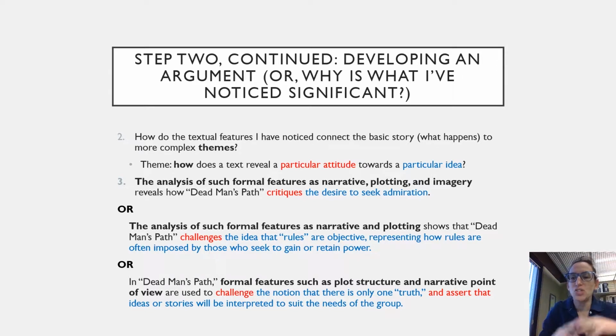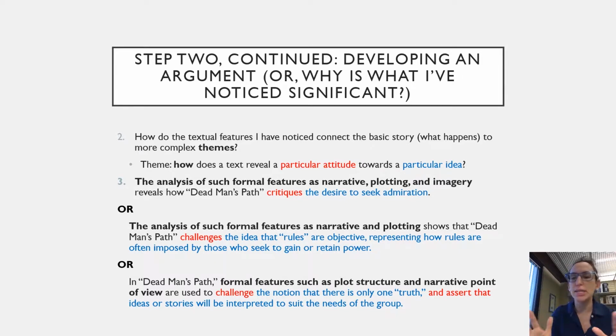Okay, so now we have our data set, right? Now we have a whole bunch of stuff that we've noticed in this text, and we're going to use that stuff to help us come up with and articulate an argument.